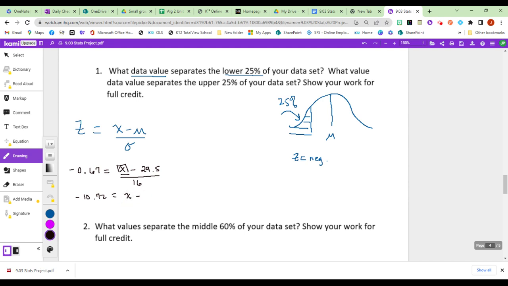And that's equal to X minus 29.5. Still solving for X, so I'll add 29.5 to both sides. And that's going to give me 18.78.